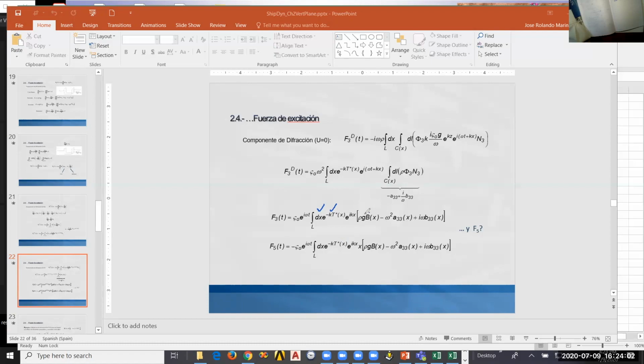So let's call this just R, and let's call this I, little i. But here you have cosine plus i sine, right? So if you multiply the two, then you can take the real part. And the real part is going to be the cosine of kx times what we call R, minus the sine of kx times the imaginary part. This is the real part.